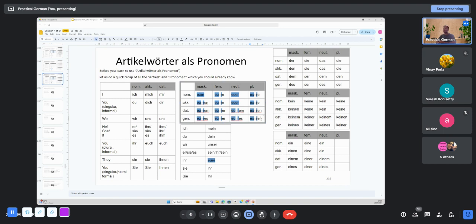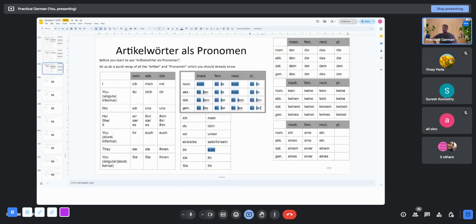I never learned it, as far as I remember, so I don't think it's there. But maybe if you go to C2, you'll find it. I speak German almost on a daily basis, and I don't think I need the pronouns in genitive. Okay, thank you. Any other questions?